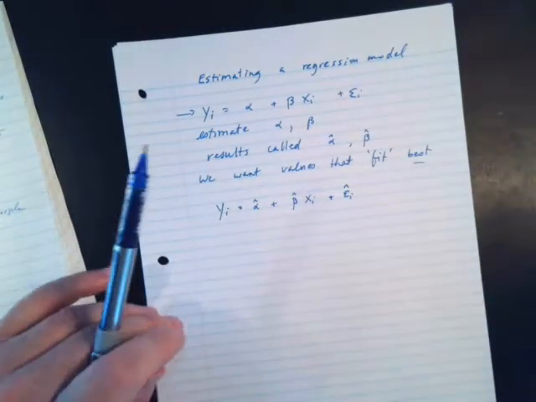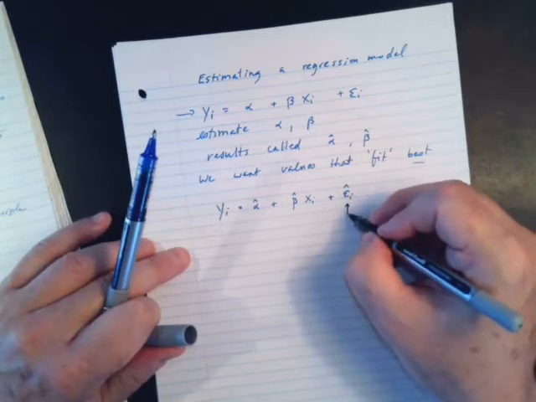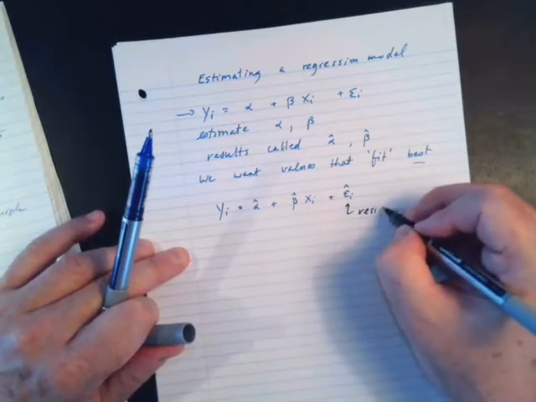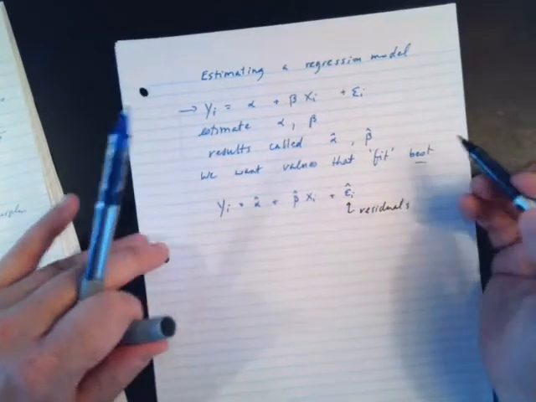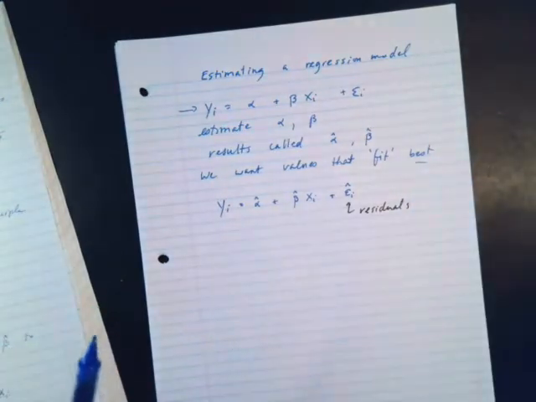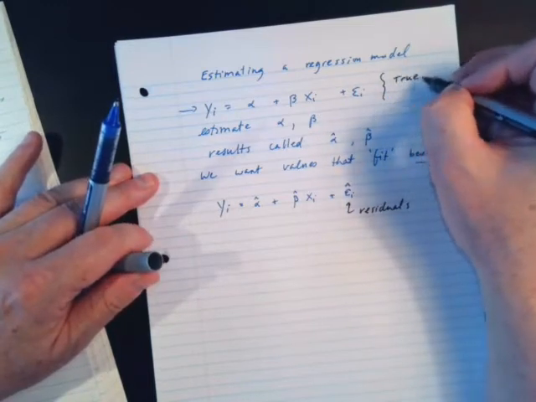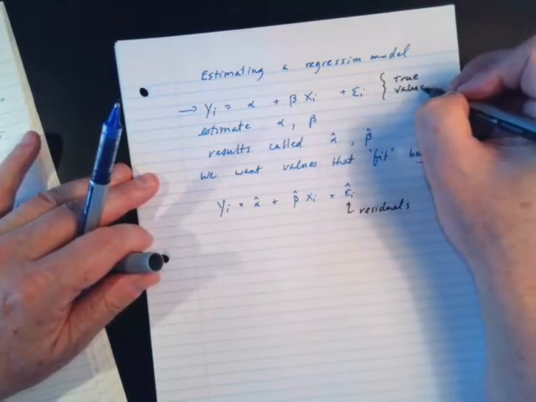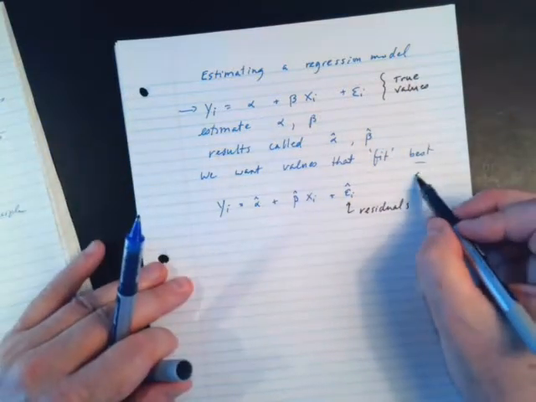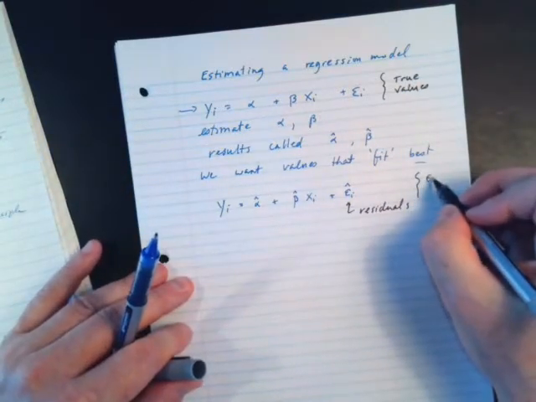these residuals. Okay, so I mentioned the residuals are the estimates of those error terms. So this refers to the true values, and this refers to the estimates.